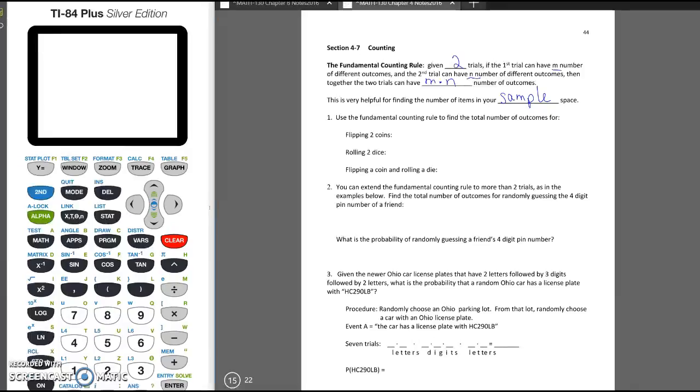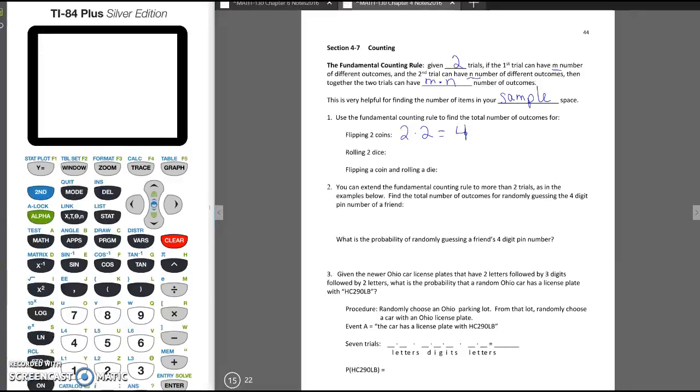So number one says use the fundamental counting rule to find the total number of outcomes for flipping two coins. Well, flipping the first coin, we would have two outcomes, either heads or tails. And flipping the second coin, again, we'd have two outcomes. So there'd be a total of four outcomes in our sample space.